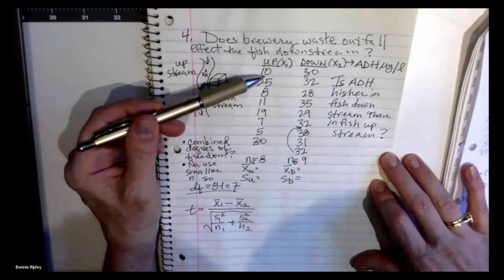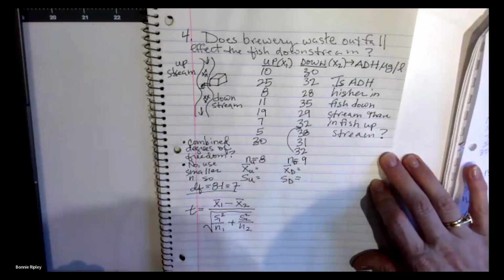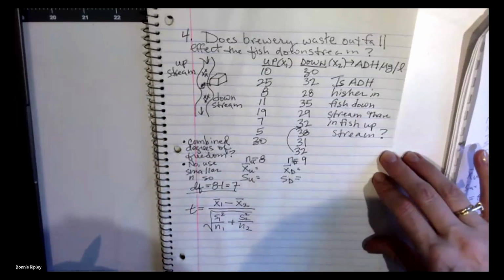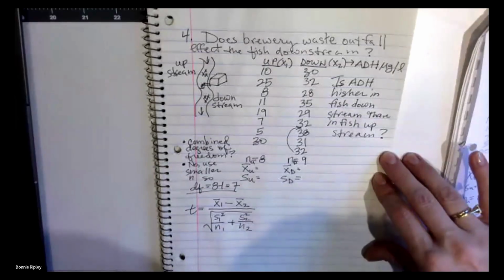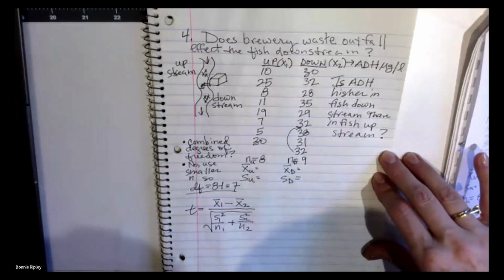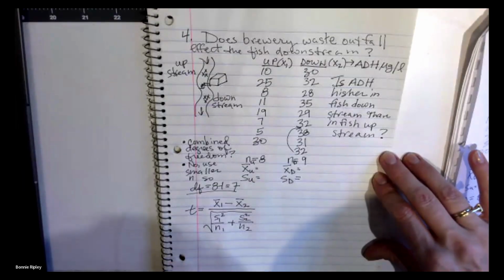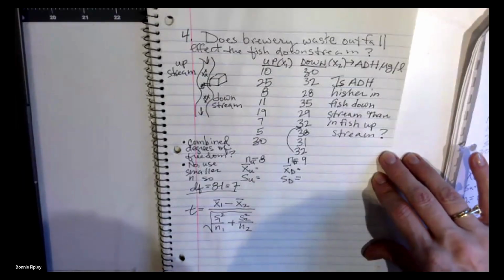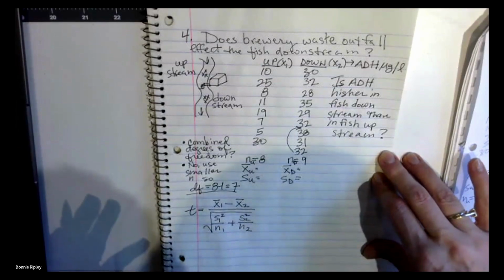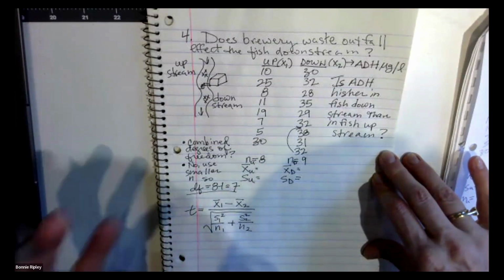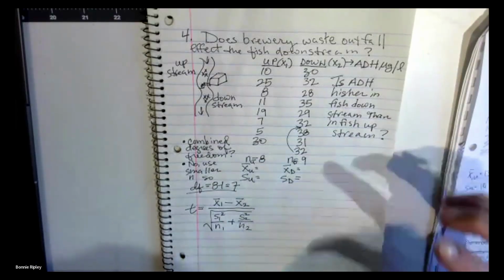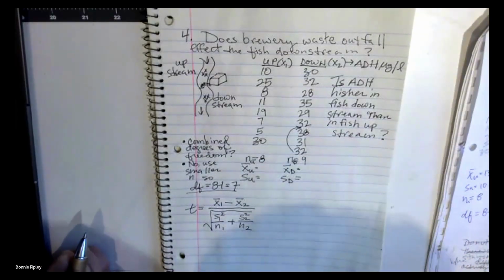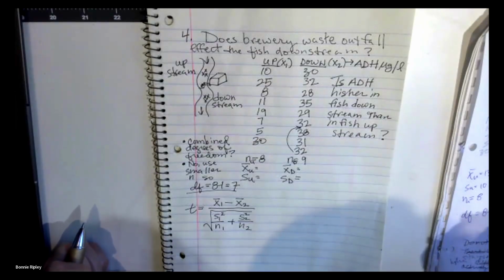All right, so we have data measurements for our upstream fish. When we talk about this type of experimental design, this is going to be a two independent samples style of t-test. We have individuals that we have sampled that have experienced a certain condition, and then we have a completely different set of individuals that have experienced a different condition.